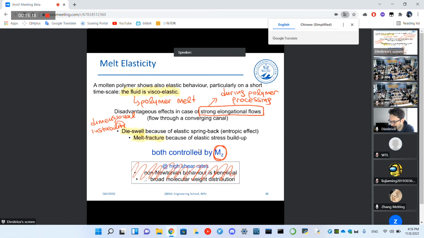Anyone from the polymers group? What affects the Z average molar mass? Yes, the length of the chains, indeed.